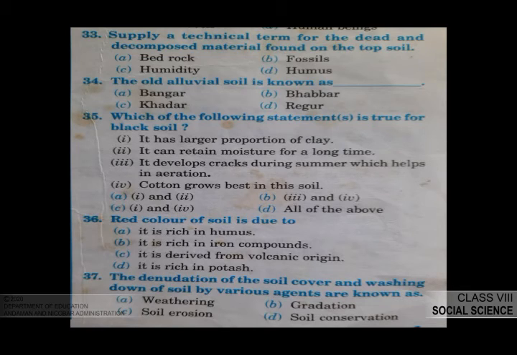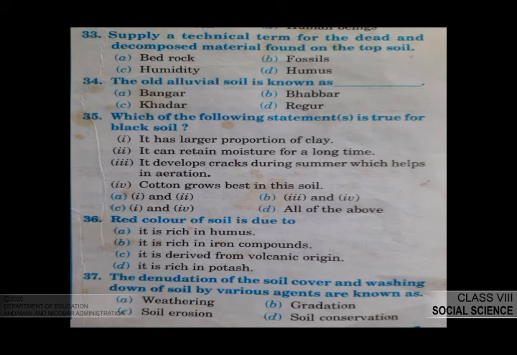So which one would be the best option as the answer for this question? Then you have to do it on your own, my dear students. Next is the old alluvial soil is known as, your options are Bangar, Bhabar, Khadar or Reh. So you have to choose the correct option for it.